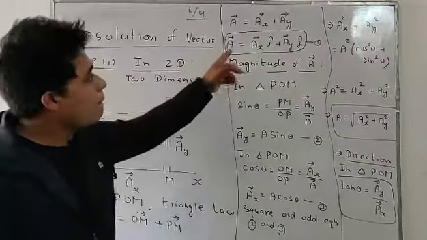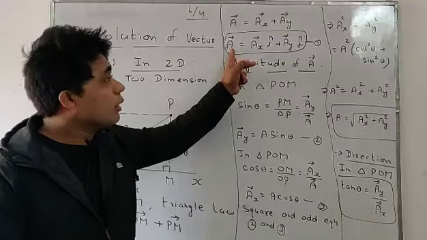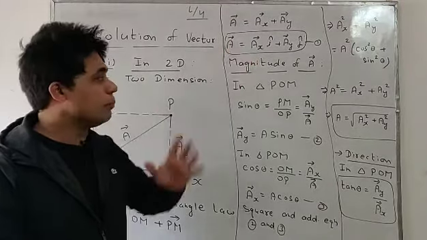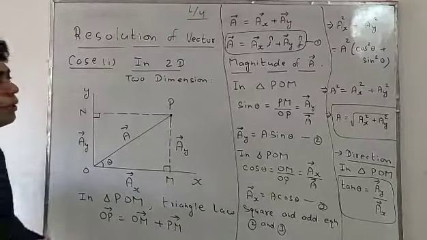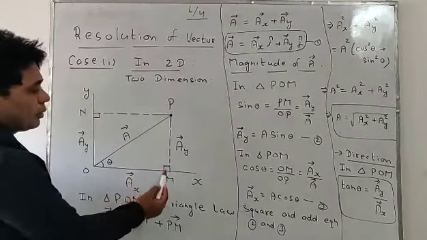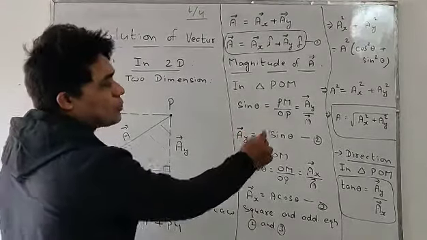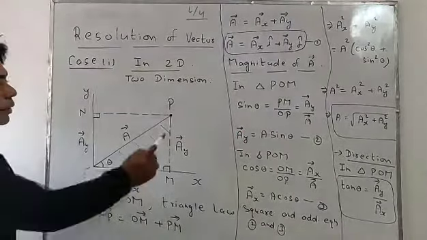So now we will find its magnitude. Yes, we can divide the vector. Now we have to find its magnitude. How can we find it? For finding the magnitude of A, we use triangle POM. In this triangle POM, I am going to apply sin theta, that is perpendicular by hypotenuse.